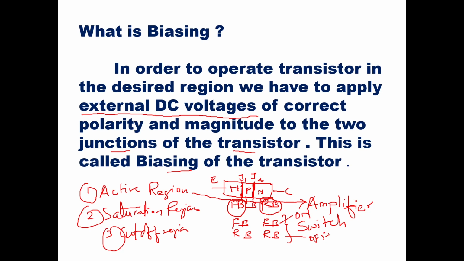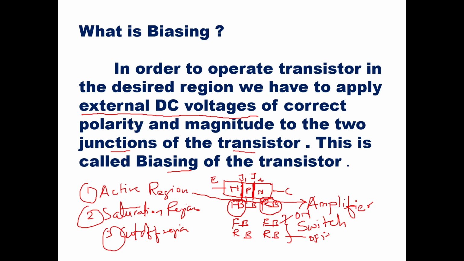Whatever application you want to use, for that application the particular junctions should be correctly biased. Most of the time we speak of this with respect to the amplifier. If you want to operate it in the active region, the base emitter junction should be forward biased and the base collector junction should be reverse biased.